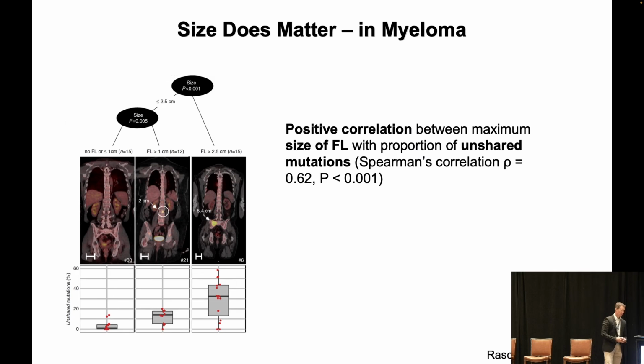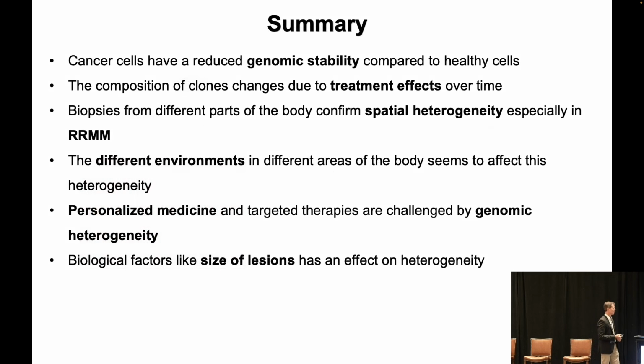And then there's also size matters. I don't want to go into details there, but there's a positive correlation with the size of such a focal lesion. So the bigger the focal lesion, they found, the more mutations are there. So another reason to keep the lesions small and to treat effectively, right?